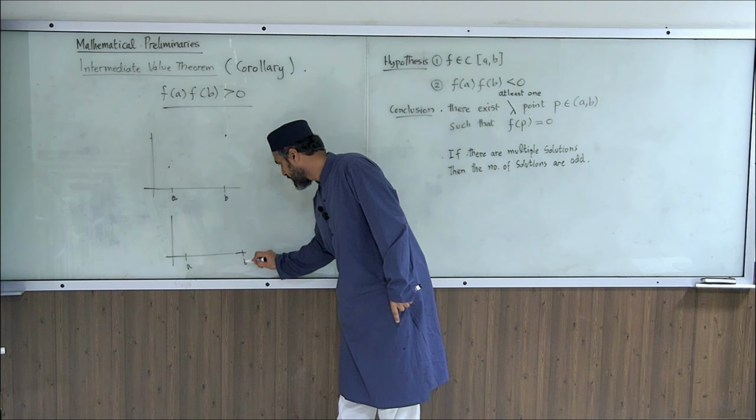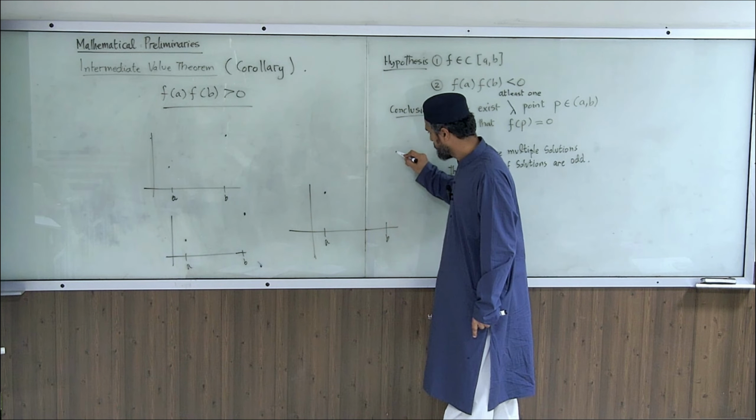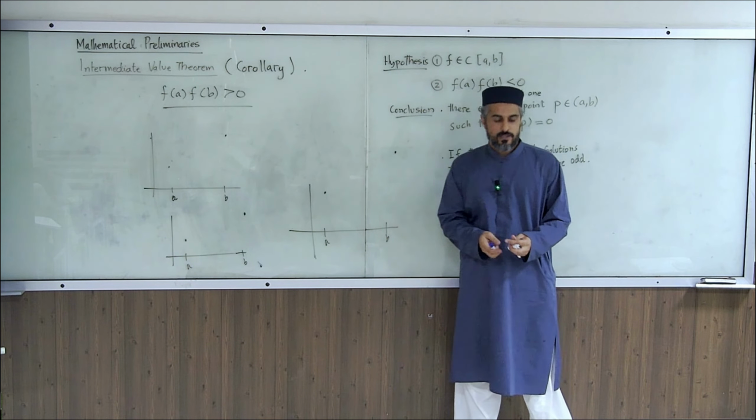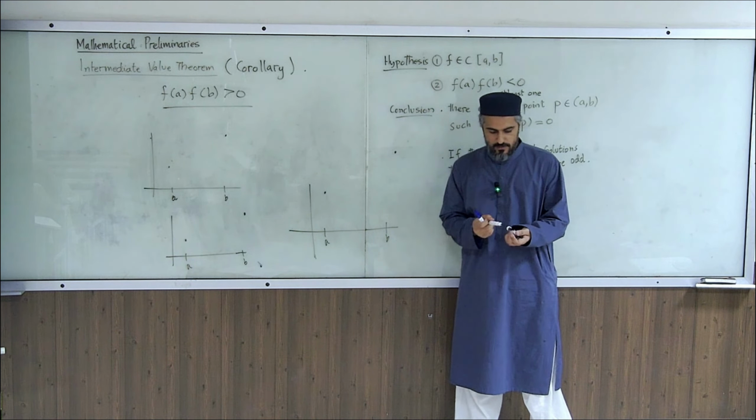This is the height. Let's try to see if f of a, f of b is positive. It means both are positive, let's say. You can follow the same procedure with both negative. It means both heights are above the x-axis. One scenario can be like this.